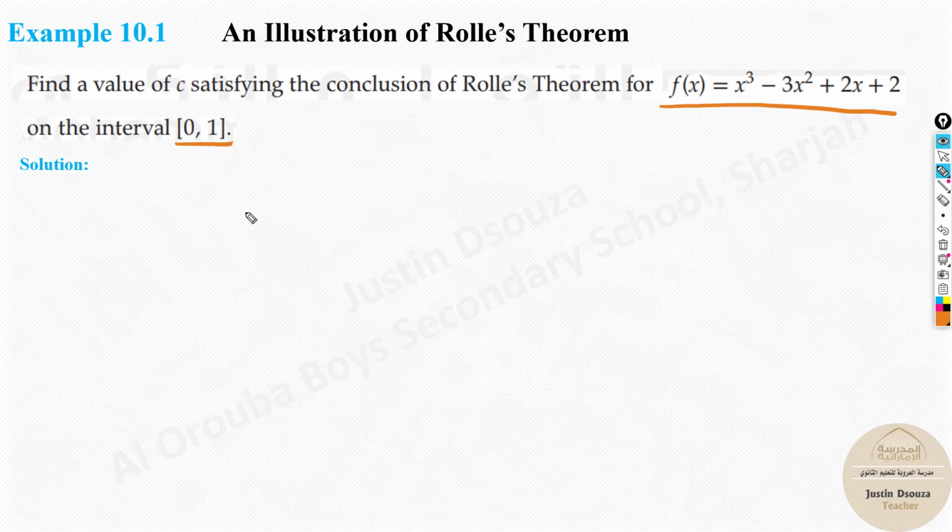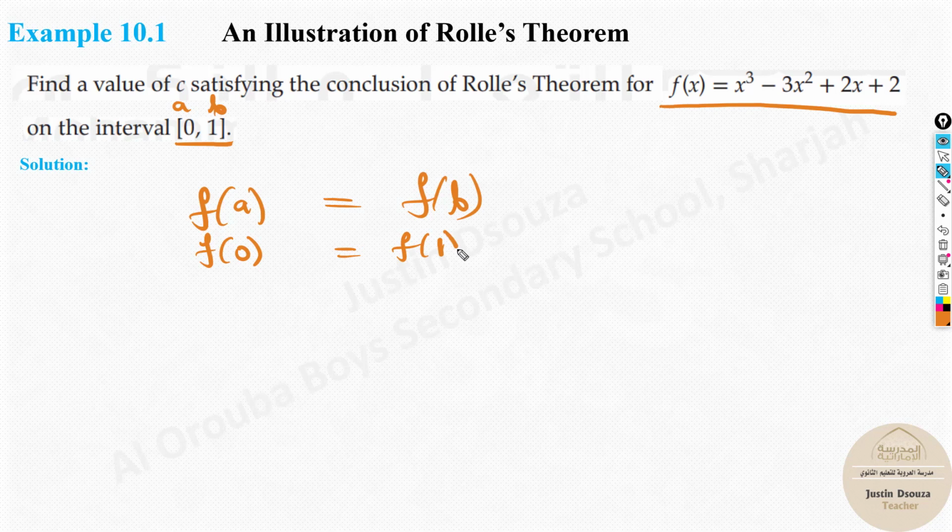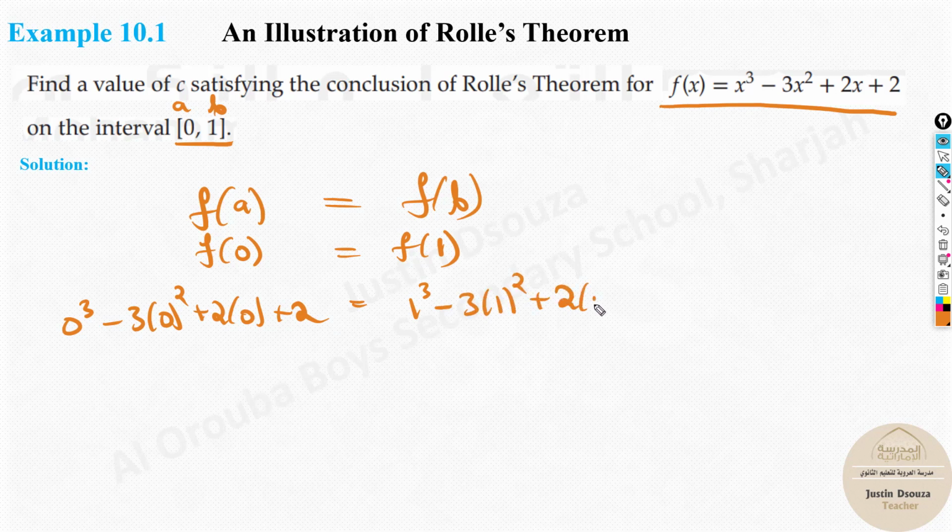So all you need to do right now is check that f(a) is equal to f(b). This is a, this is b. Instead of x, you put the a value. So f(0) must be equal to f(1). Substituting, it should be 0 cubed minus 3 times 0 squared plus 2 times 0 plus 2, which must equal 1 cubed minus 3 times 1 squared plus 2 times 1 plus 2.